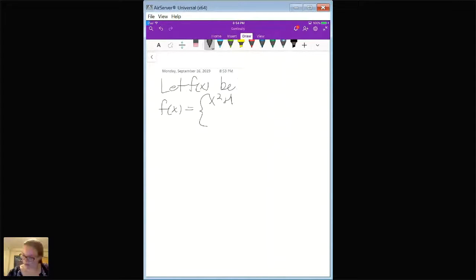For x is less than or equal to 2. And then we've also got 4x plus k. So let me rewrite this: x squared plus 1, 4x plus k, for x is greater than 2.